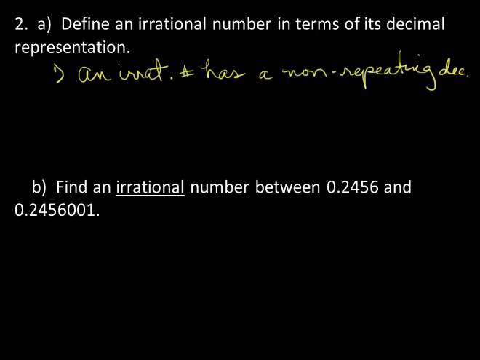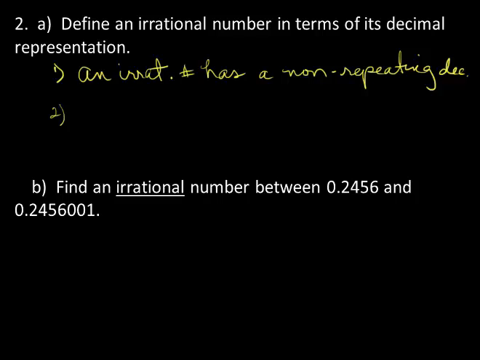Now, non-repeating decimals, let's give the second definition. They cannot be expressed as fractions. You can't use that technique we just used to find some multiple of the number to subtract one from another and wipe out the repeating decimal part, because it never repeats.